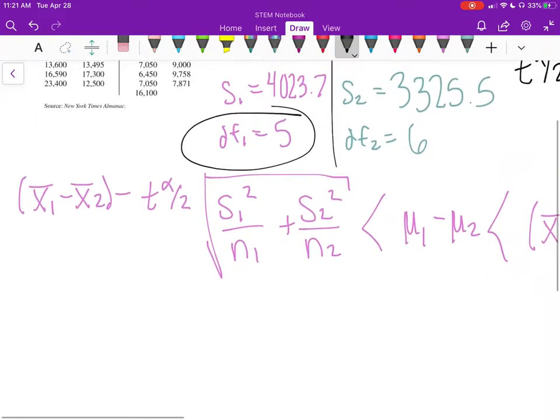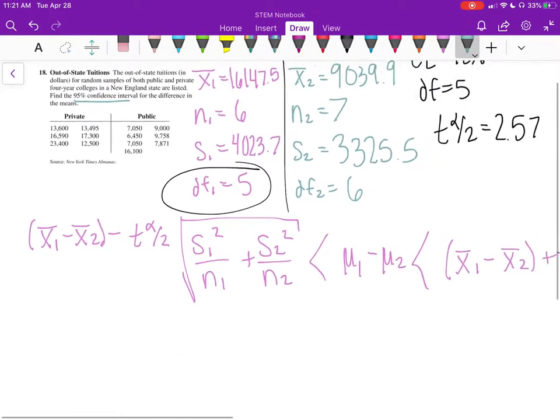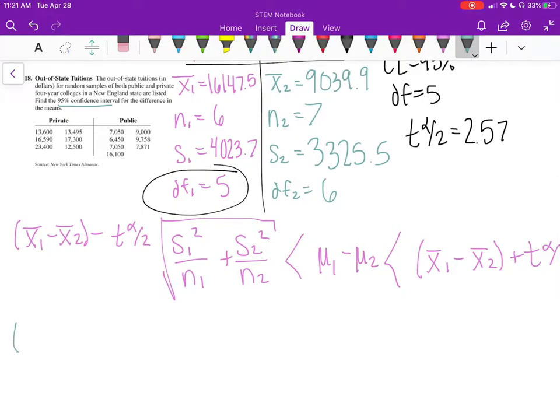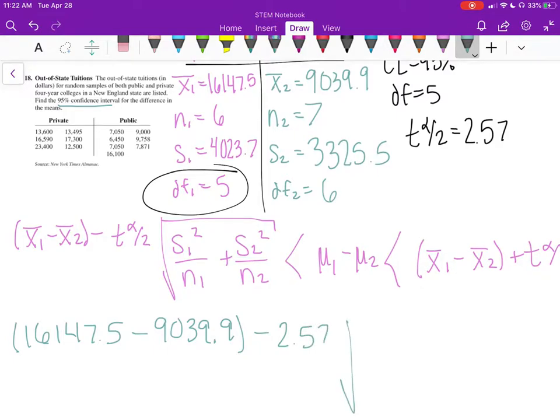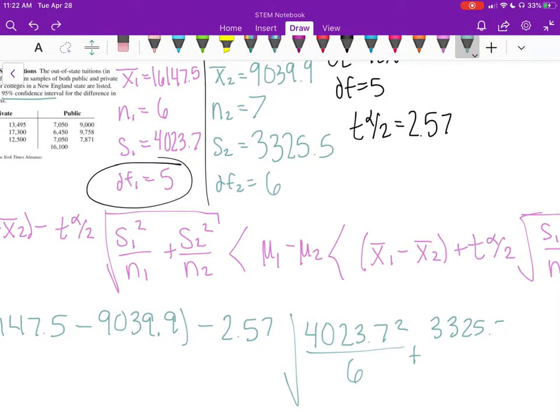And I've already written out the equation here, just because it's a little long. So let's plug in our values. We have x bar 1 is 16,147.5 minus x bar 2 is 9,039.9, minus t of alpha over 2 is 2.57 times the square root of s1 squared, 4,023.7 squared over n1 is 6, plus 3,325.5 squared over 7.